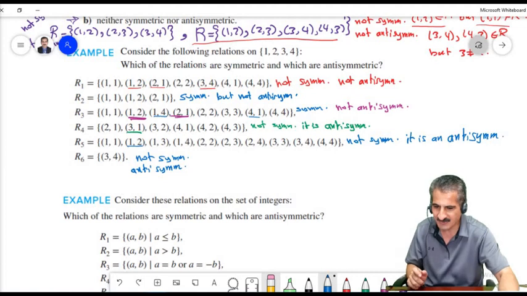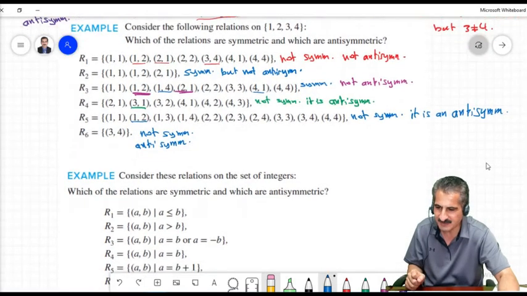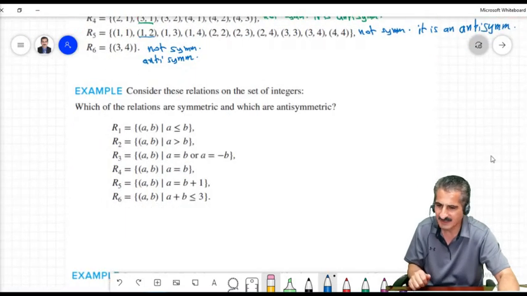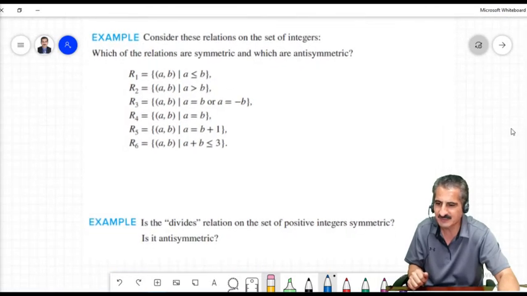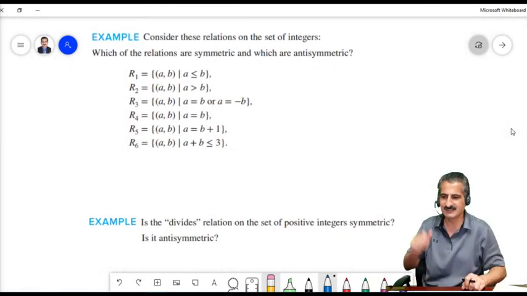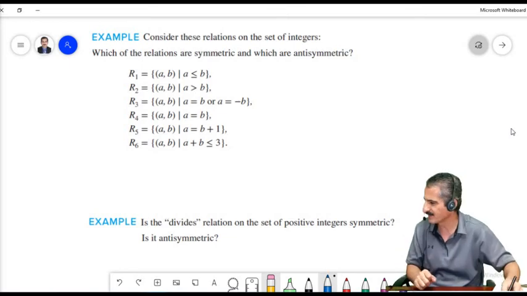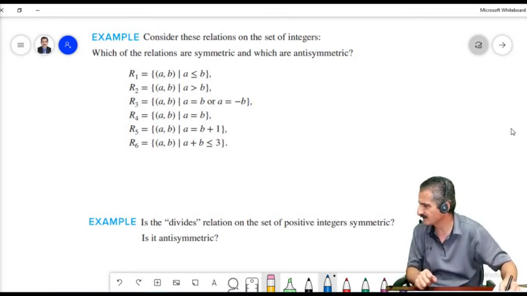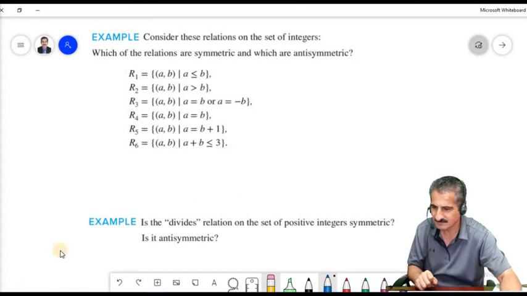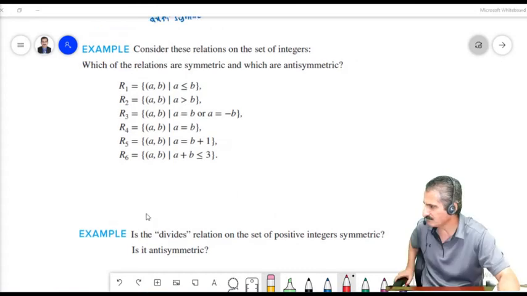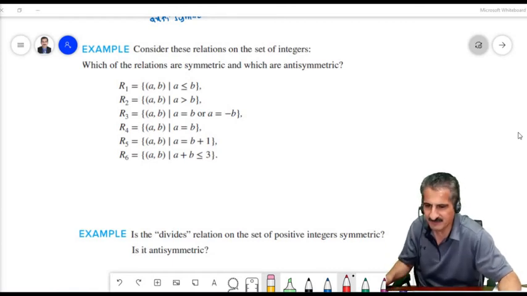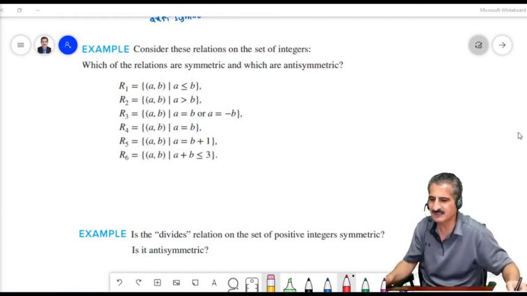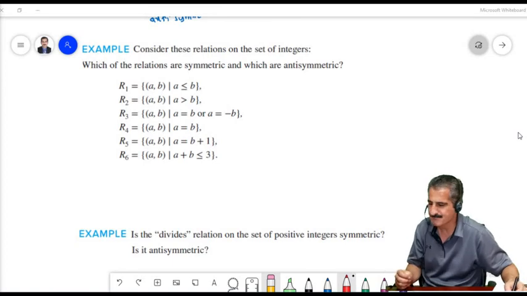Now let's go to the relations on the integers and let's have fun with them. Which ones are symmetric? Which ones are not symmetric? Let's go to R1. Is it symmetric? Classify them, symmetric or anti-symmetric. R1, is it symmetric? Symmetric.